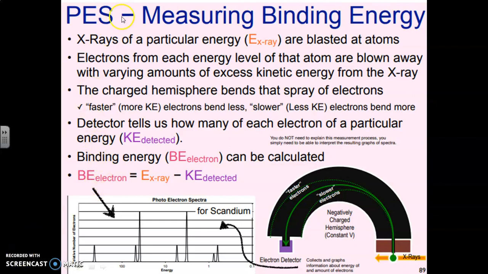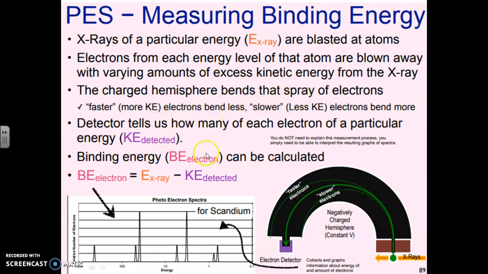So in the process, X-rays, which are a very large amount of energy, are blasted at atoms, and electrons at different energy levels are blown away from the atom with different amounts of energy. Then there's a charged hemisphere that bends the electrons, and the electrons with more kinetic energy bend less, and the slower ones bend more.